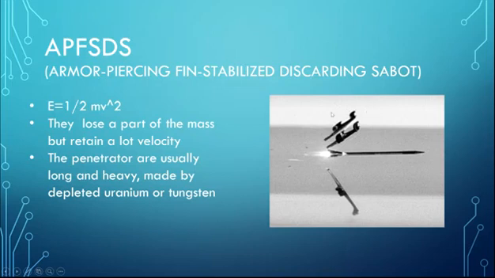Although it decreases a little mass, it allows only the thin penetrator to be fired from a high caliber gun with a high velocity. Moreover, to maintain as much momentum as possible, the penetrator is usually long and heavy, made of depleted uranium or tungsten.